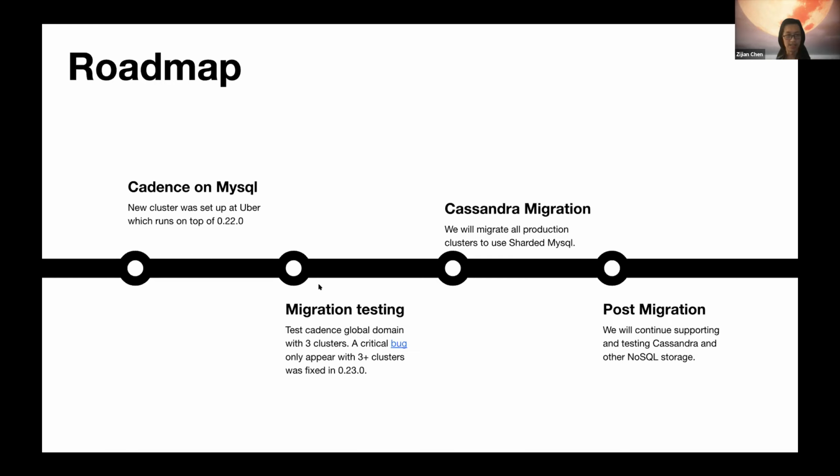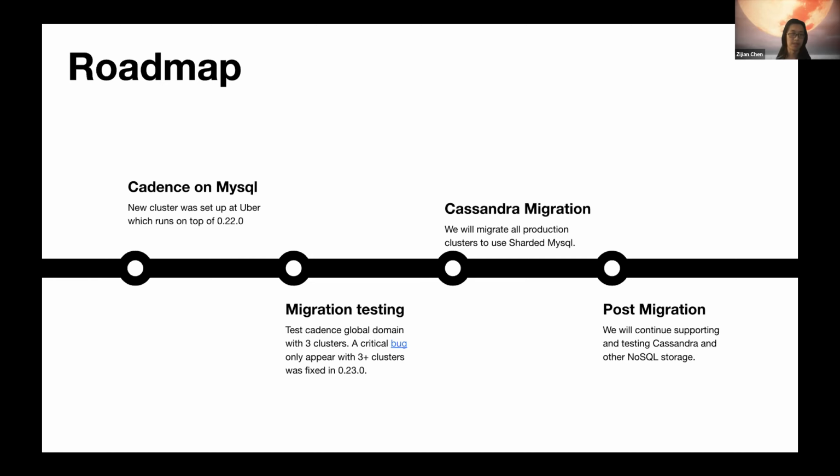Next, I can share our roadmap for the migration. We have set up a new Cadence cluster on top of sharded MySQL at Uber, and the cluster was running with the release of 0.22. We have also done the migration testing. We set up a cluster group with 3 clusters.